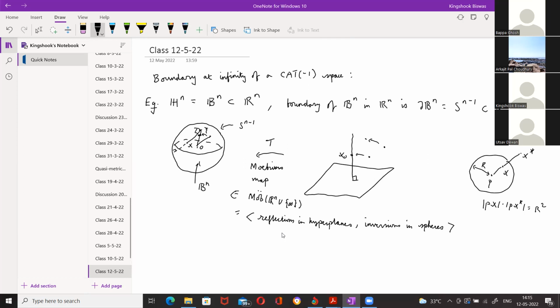Now, if you take these maps together with reflections in hyperplanes, so I take all hyperplanes like this, any Euclidean hyperplane, I have a reflection, right? A Euclidean reflection. So I take these reflections and I take these inversions.